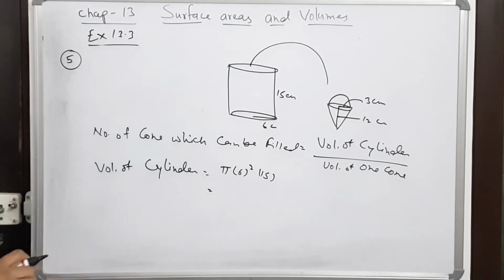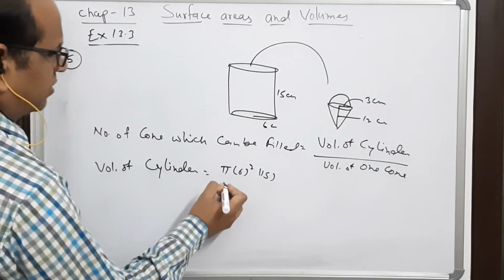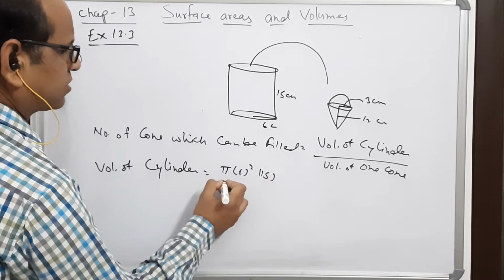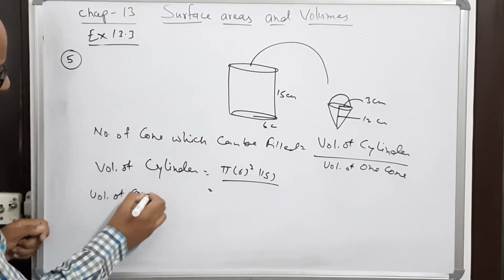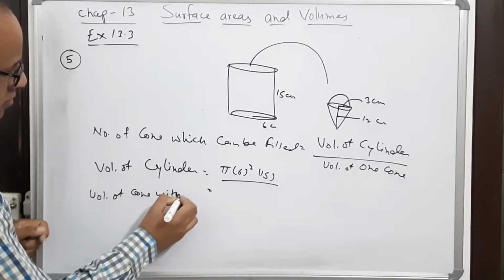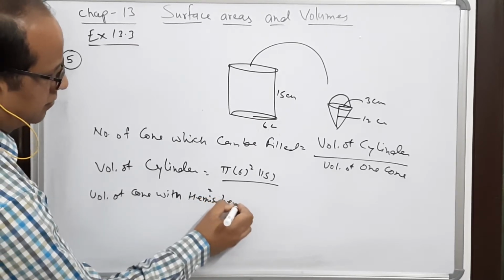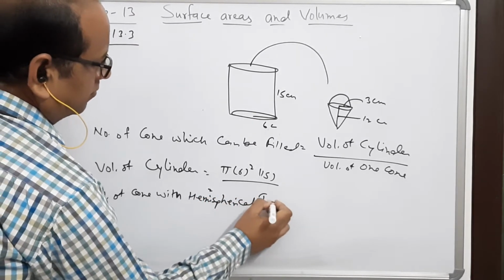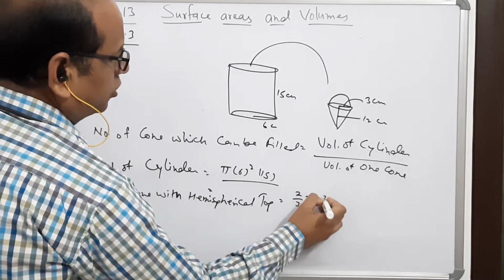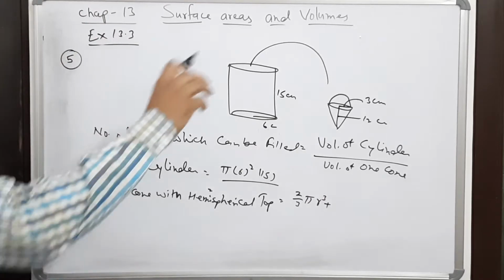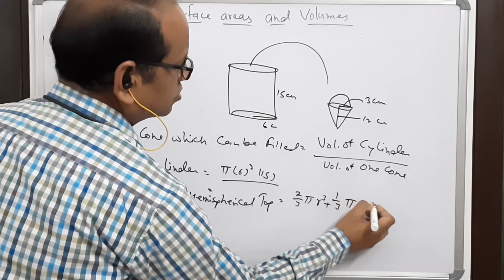Now here the second part is, you can simplify also. If you simplify, okay, keep it like this only. Then the volume of the cone with the hemispherical top will be 2/3 pi r cube, that is the upper part, plus 1/3 pi r square h.